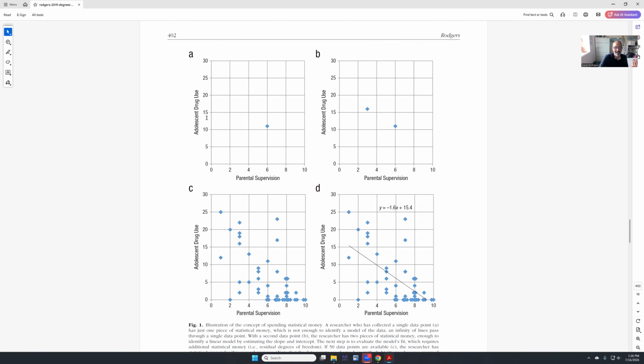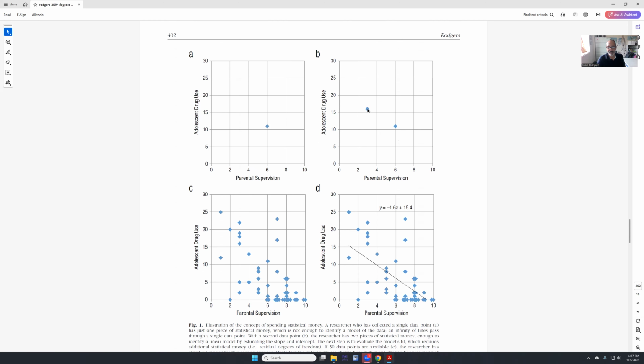Like adolescent drug use, we'd use that one value to predict adolescent drug use. So we have one value to predict, one parameter to estimate, and one value to use. So we have no additional degrees of freedom. We've used them all. So 1 minus 1 is 0 in that case.